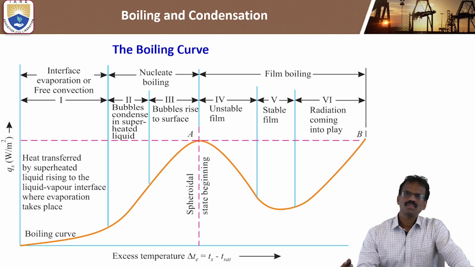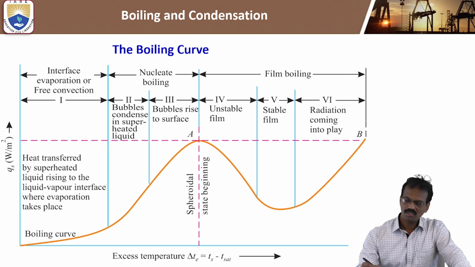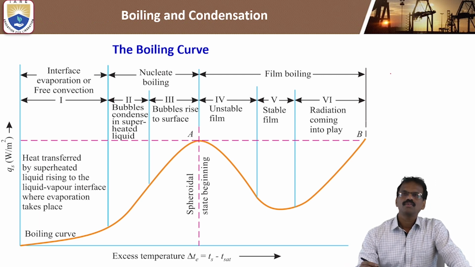So these are the convection processes. But in boiling and condensation, we will see the phase change along with the heat transfer. Phase change means water is converted into vapor, or vapor is converted into water.